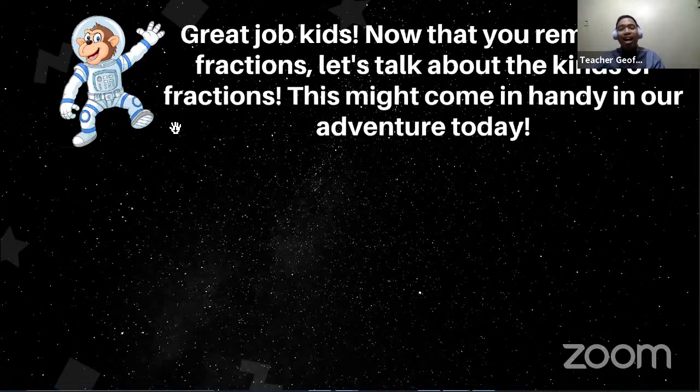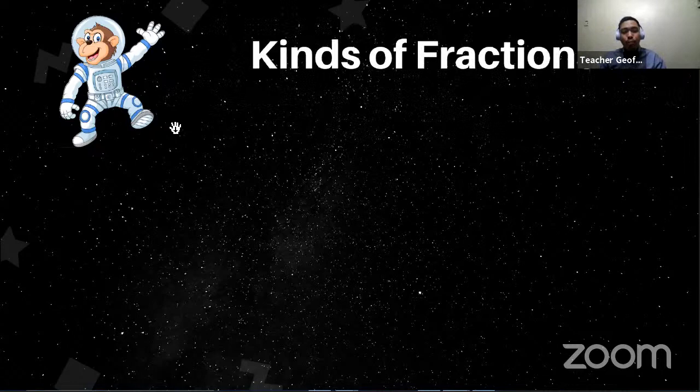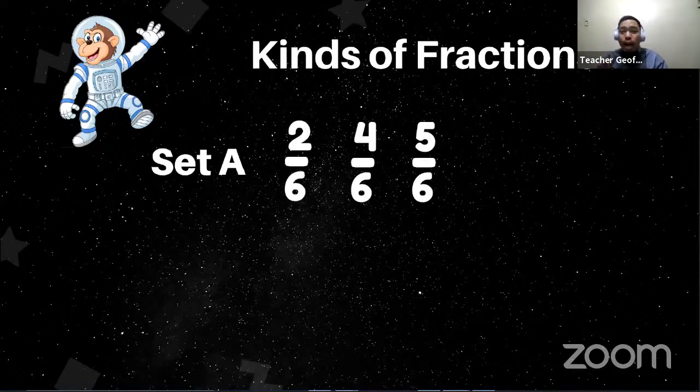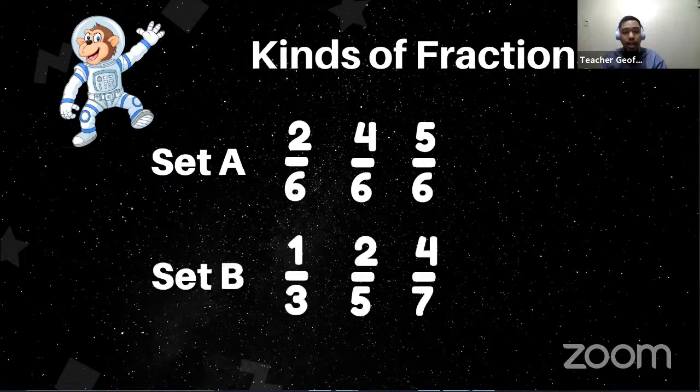All right? Now, let's discuss. As seen on the screen, we have what? The first set of fractions that we have is called set A, and we also have set B. Now, we have two sets of fractions, and both of these fractions are different from one another.